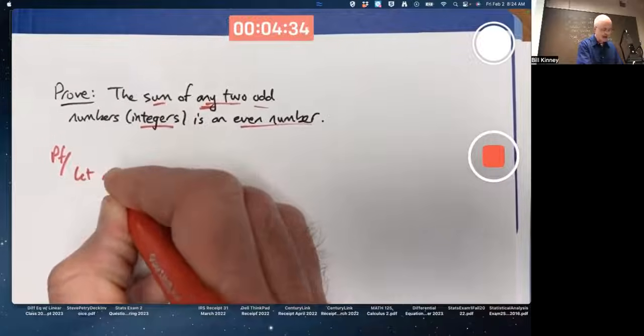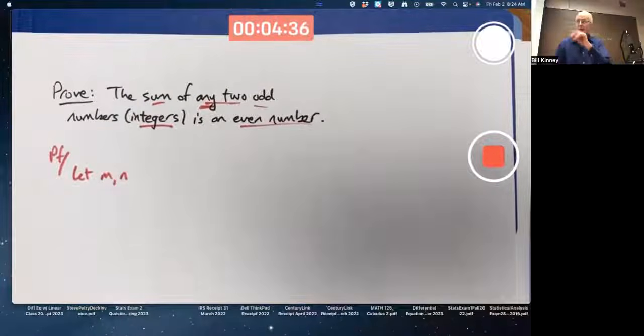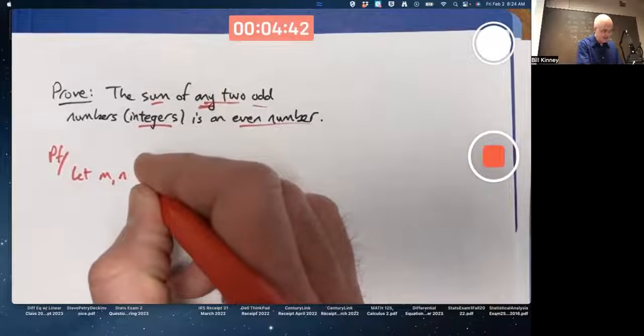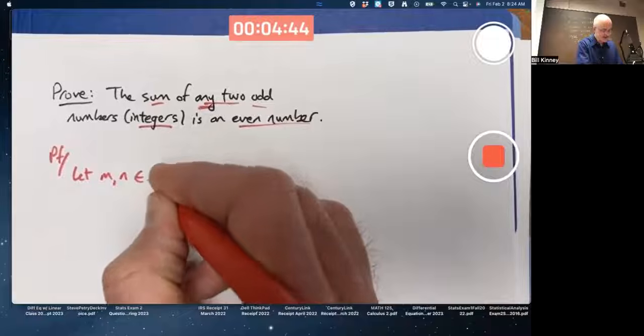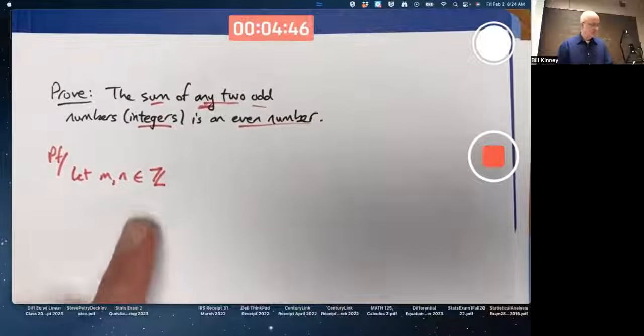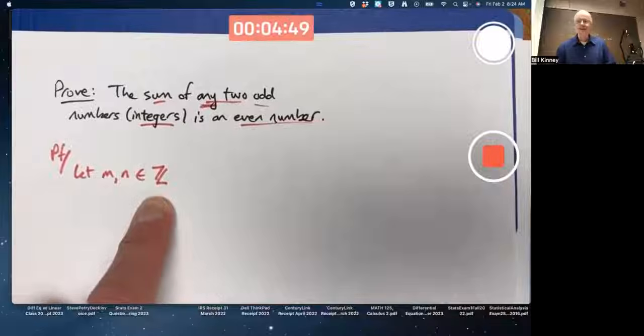Let m and n be any two integers. Now I could write the words "be any two integers," but I also could say that these are elements of ℤ, and you make the symbol for the set of integers in kind of a fancy way like that. Why? I think it's German.